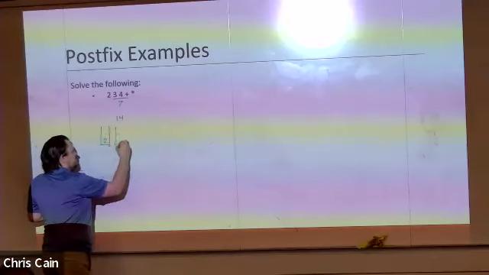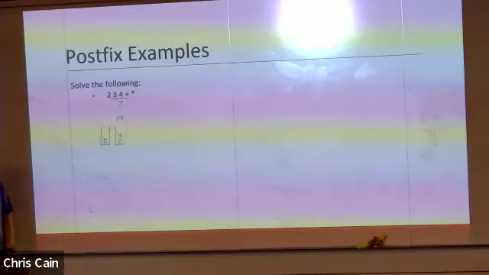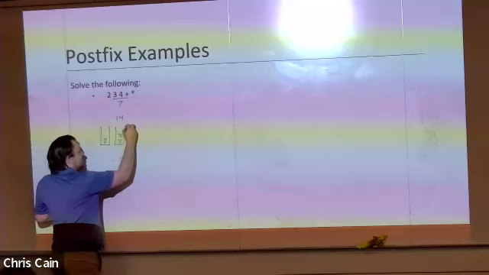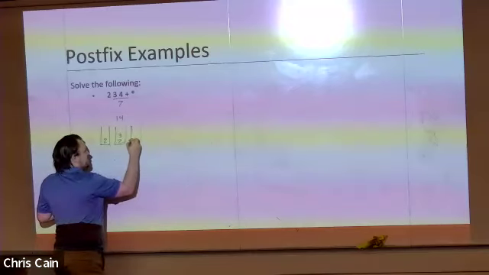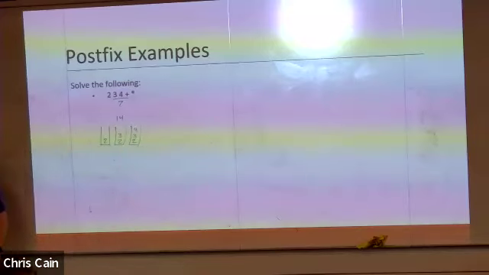We see a 3, the 3 goes on the stack. We see a 4, it goes on the stack. We come to this plus, and it tells us add the top two elements on the stack. So we're going to pop, evaluate, push.